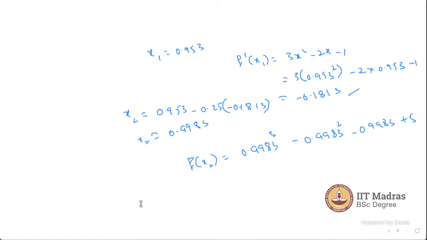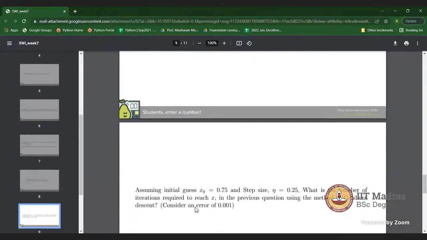So we only have to keep calculating till we reach the x value, no? Consider error 0.001. That is not for x, that is for f of x, as I told previously. Whatever x value we get, f of x star should be close to the actual f of x value, right?